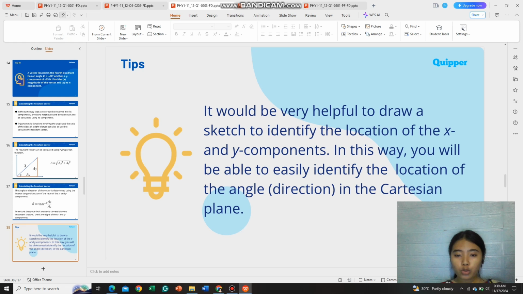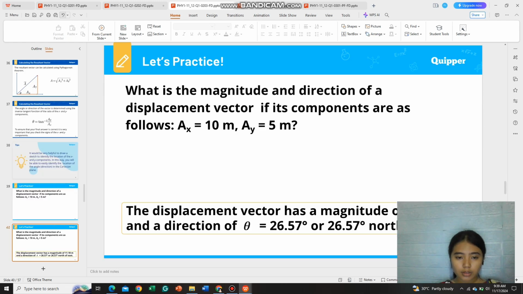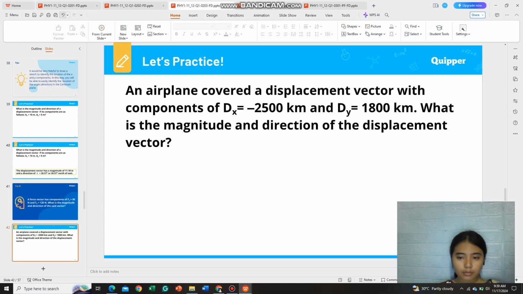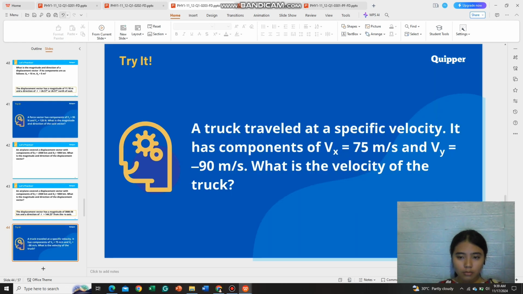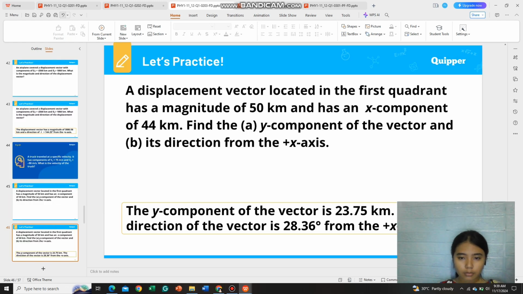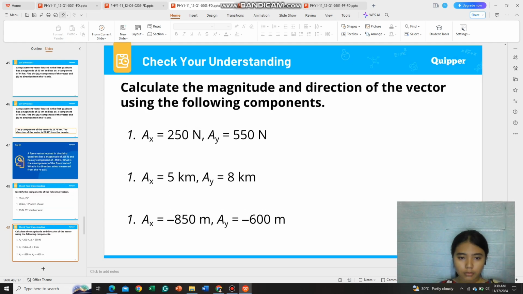It will be helpful to draw a sketch to identify the location of x and y components. It is in this way you will be able to easily identify locations of the angle, direction, the Cartesian plane. So it is important to draw a sketch before you solve so that you can easily identify your triangle.